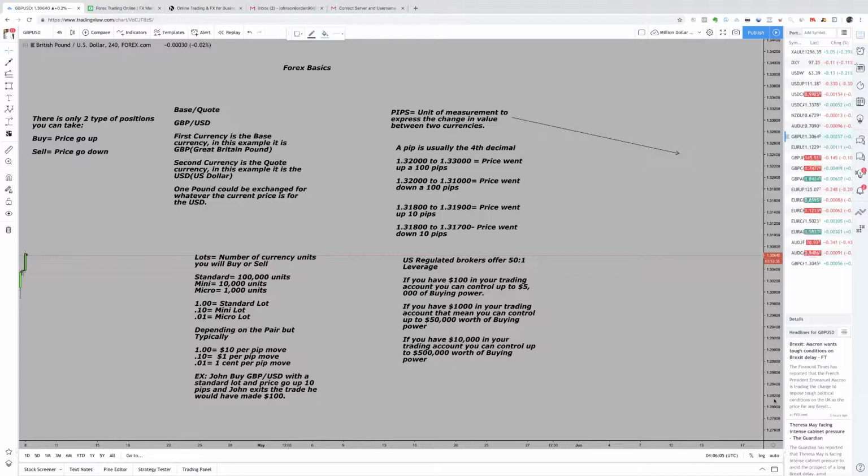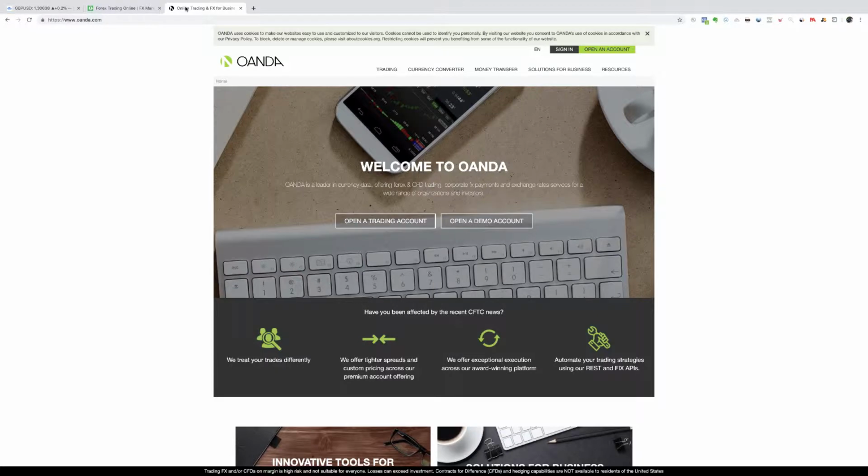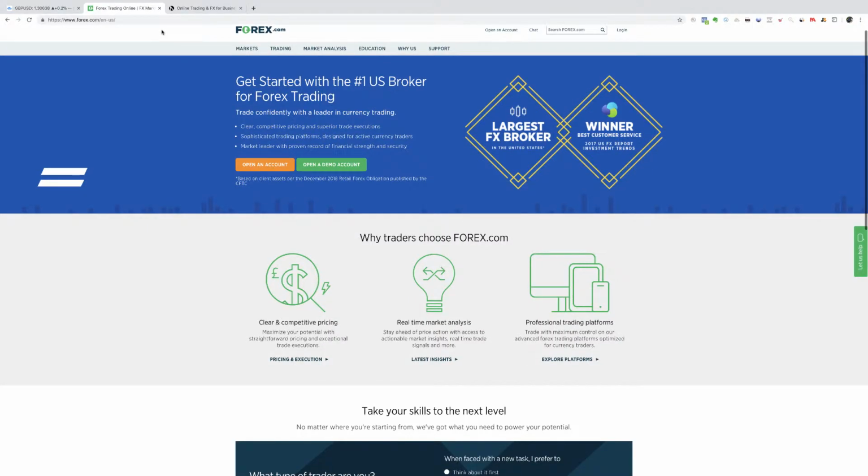So I definitely recommend using U.S. regulated brokers. The top two U.S. regulated brokers are Forex.com and Oanda. TD Ameritrade is also another U.S. regulated Forex broker. Forex.com is the one that I personally use.